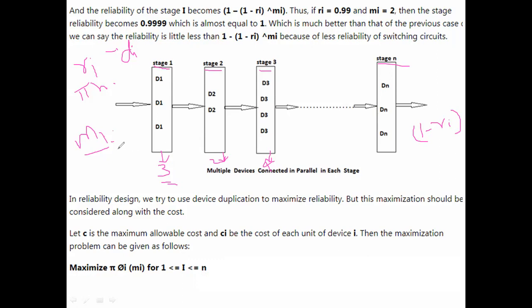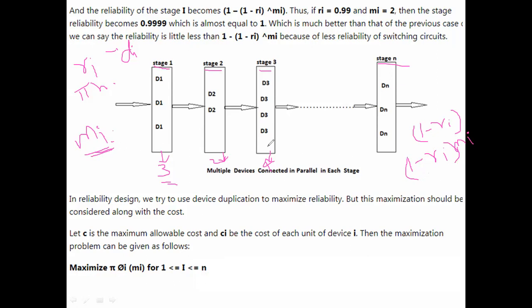And we have Mi devices, so for the entire stage it is (1 minus Ri) power Mi. This is the probability that stage i will not function properly with respect to Mi devices. I already said Mi is the total number of devices.